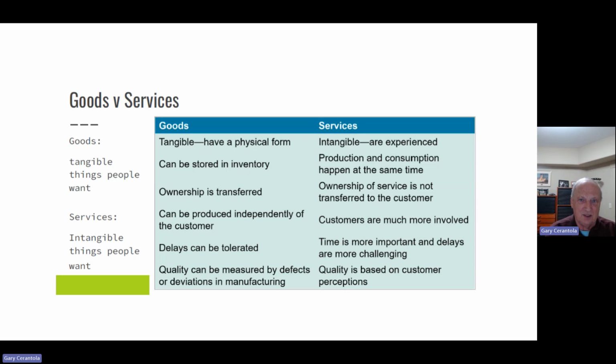So there are all these things that come into play when you're working with a service. The main thing to remember is that goods are tangible. Services are intangible, and it's up to the service provider to manage expectations to make sure that at the end of the day, marketing is perception, and the customer is satisfied regardless of what kind of hurdles the service provider had to go through.